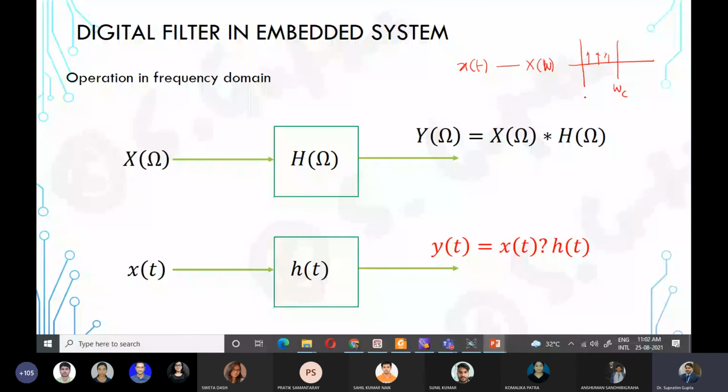I have used omega to represent the analog frequency.